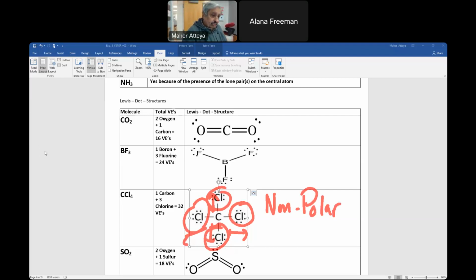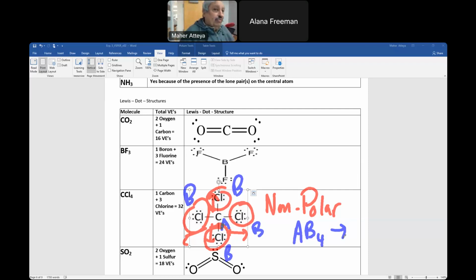Now, what about the code? Well, it turns out this is our A, this is a B, this is a B, this is a B, this is a B. The code is AB4. You'll memorize it, it's just small tiny tables.